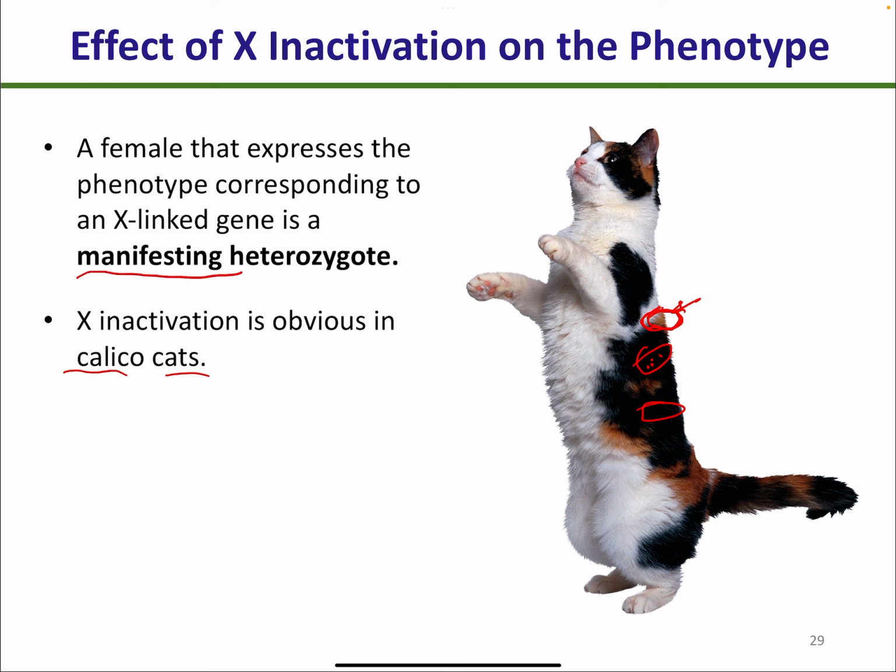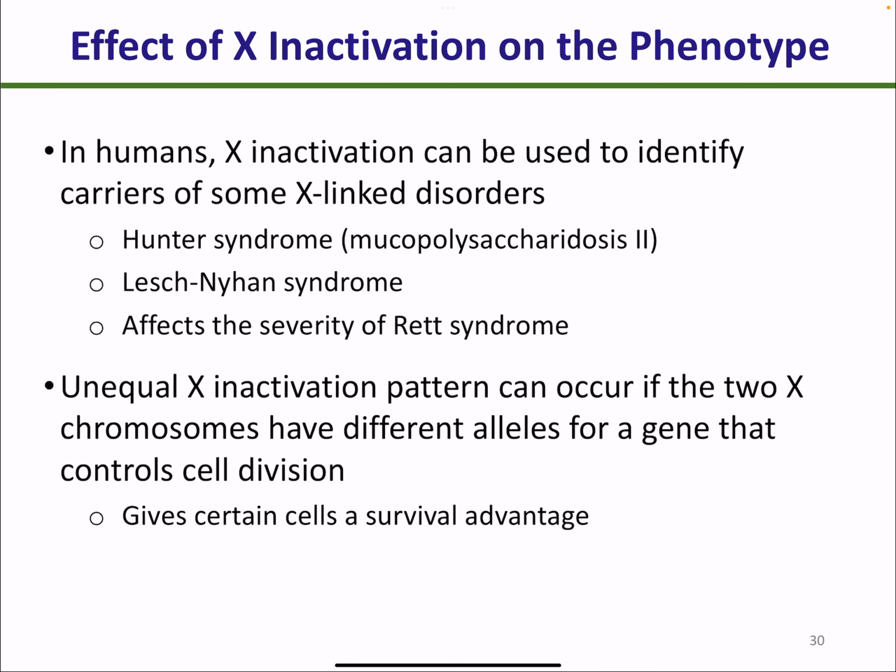All right, so in humans, X inactivation can be used to identify carriers for some X-linked disorders. A good example is Hunter syndrome, right? Also called mucopolysaccharidosis. Mucus, right? Polysaccharide.